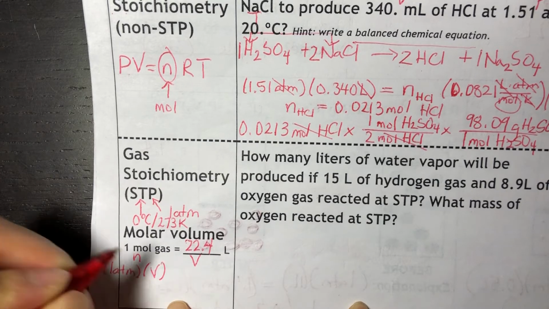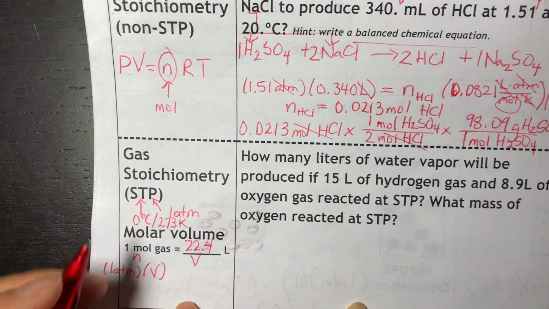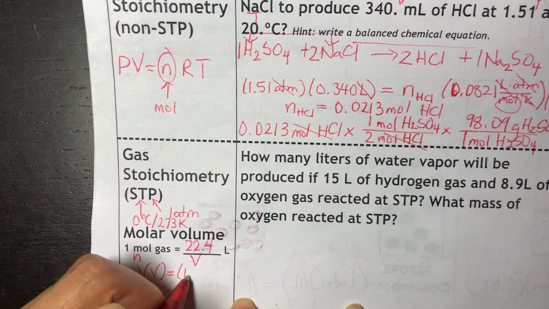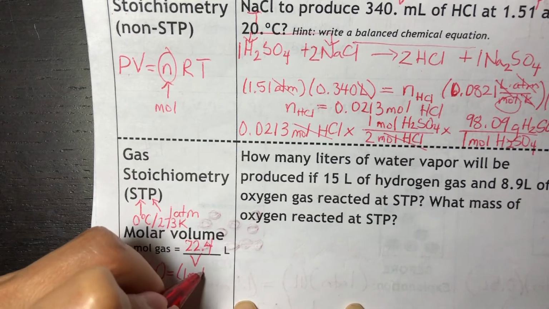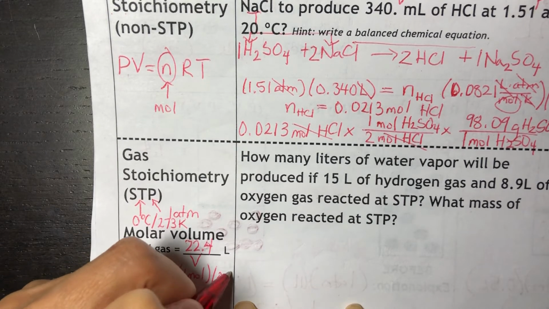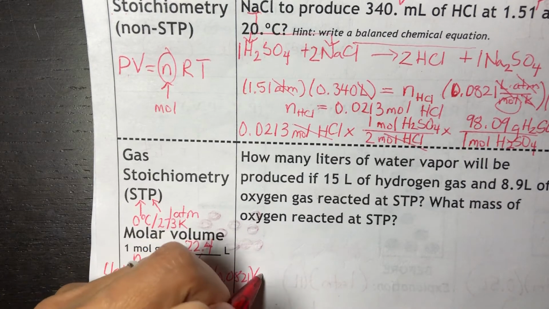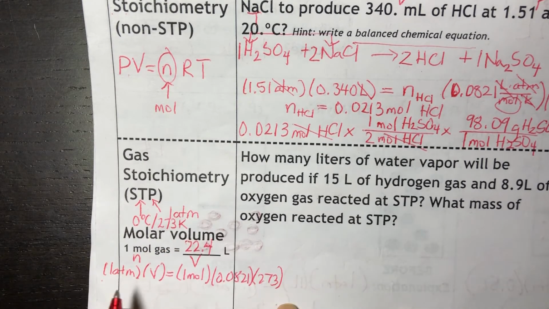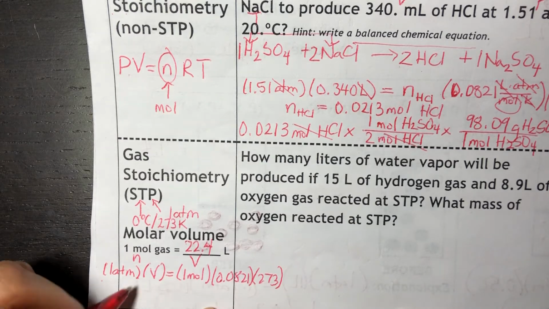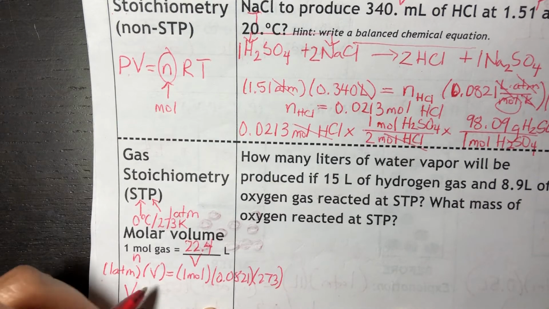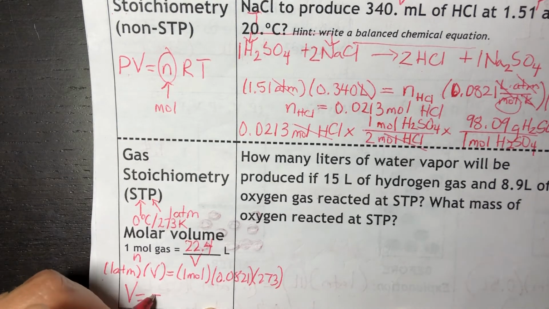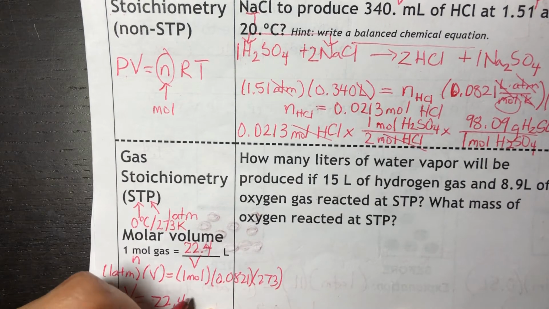V is our unknown. We don't know what that is. And then N is 1 mole. R is 0.0821. And then T is 273. So we have our STP conditions. So solving for this V, you'll notice that you get 22.4 liters.